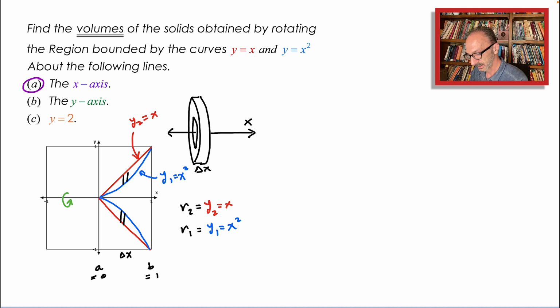Now, the volume is pi times the integration from a to b of r2 squared minus r1 squared delta x, or dx, because we just mentioned that we are going with respect to x. That's the thickness right here.